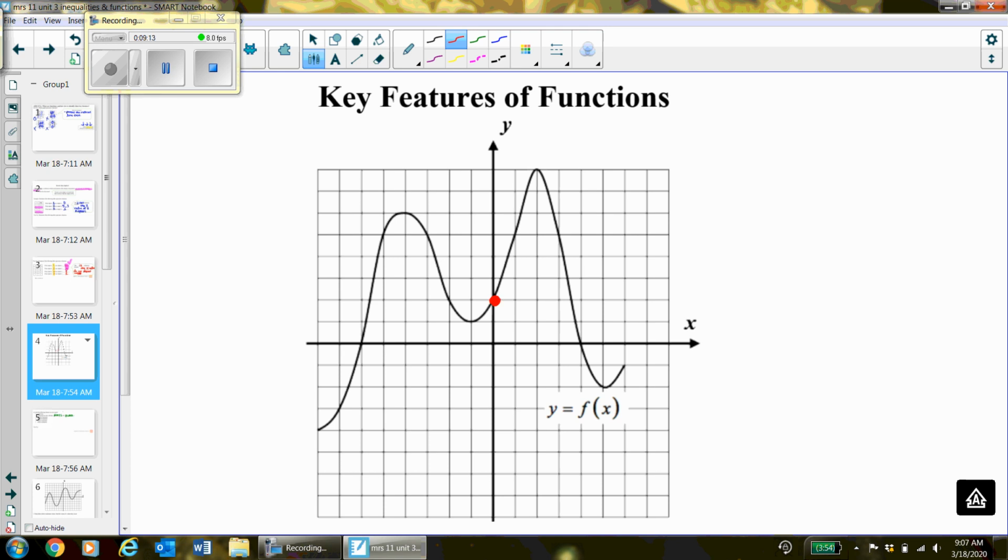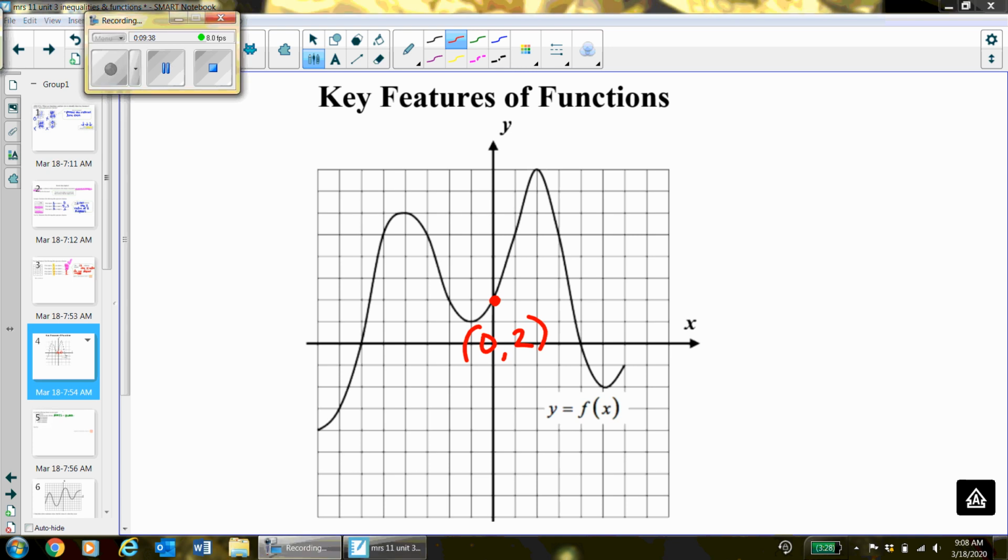Okay, every y-intercept has an x value of 0. So that's going to be 0, 2. Clear. All right. And every root or 0 or x-intercept is with.